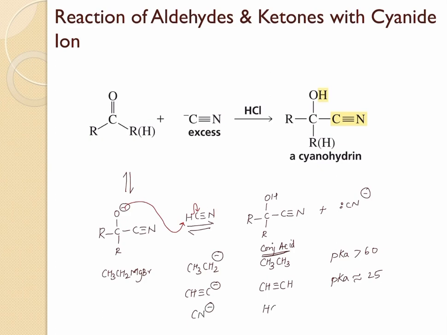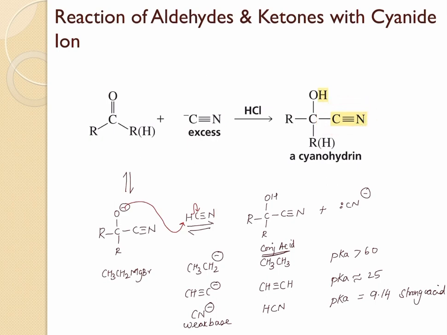The conjugate acid is going to be HCN, which has a pKa value of close to 9.14. Now, since this is the strongest acid of all of these, the conjugate base should be a weaker base. Since CN- is a weaker base, it can get eliminated from the nucleophilic addition product.